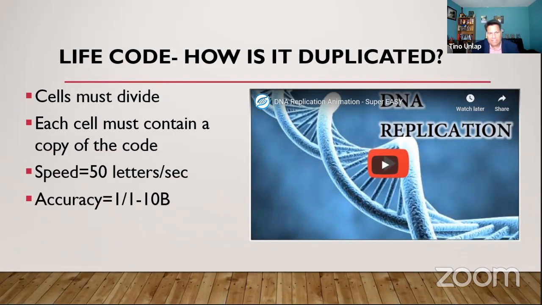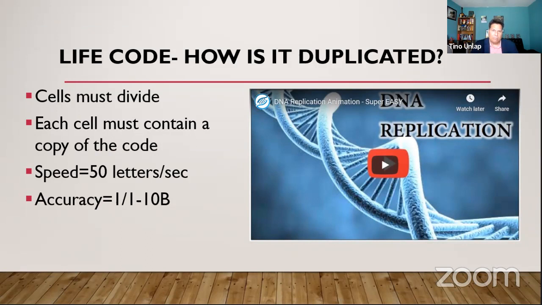And so the last thing that I want to say about this duplication is accuracy. It is very important that you begin with a code and you pass it on to the next generation, to the next generation, to the next generation, and you do not introduce any mistakes in it. Because a mistake may mean disease. It may mean that one of these machines is not going to be made correctly and it's not going to work.